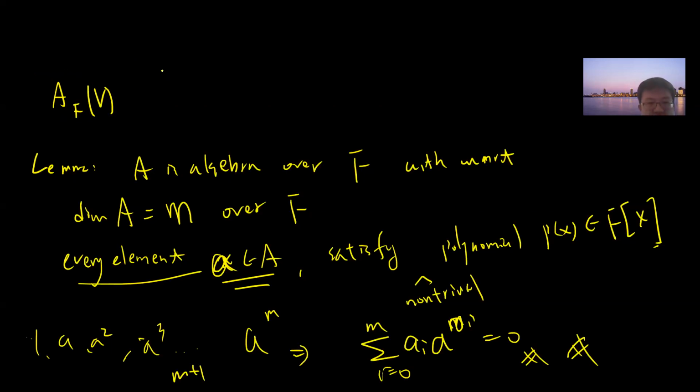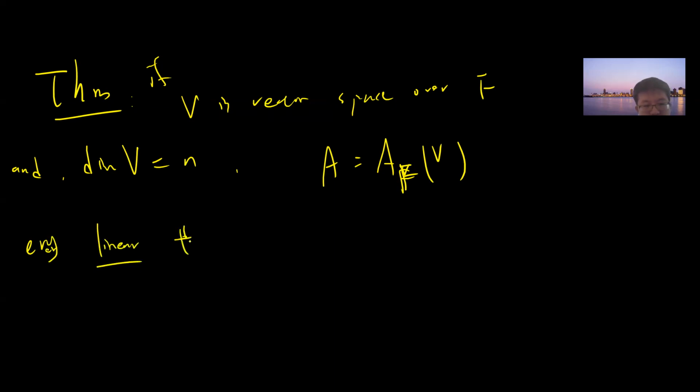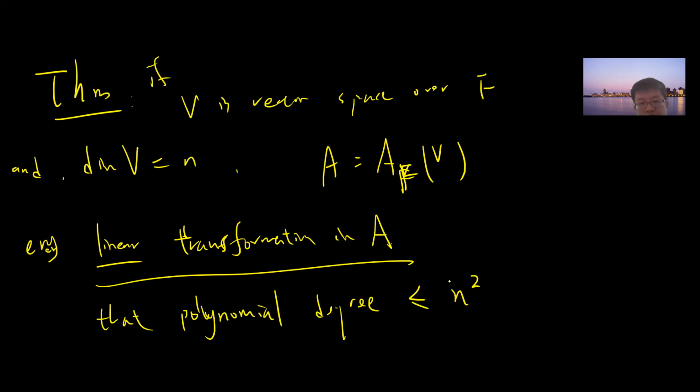So this theorem is also right. From these results, we know that if V is a vector space over F and the dimension of V is n, then in particular, if I choose A to be the algebra of linear maps on V, then every linear transformation in A is a root of a non-trivial polynomial, and that polynomial has degree less than or equal to n squared, because we proved that this algebra is a vector space of dimension n squared.